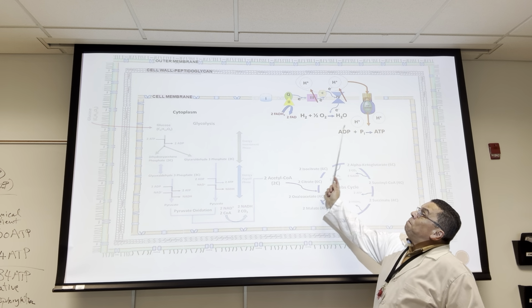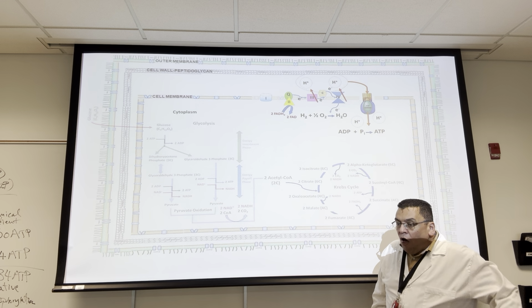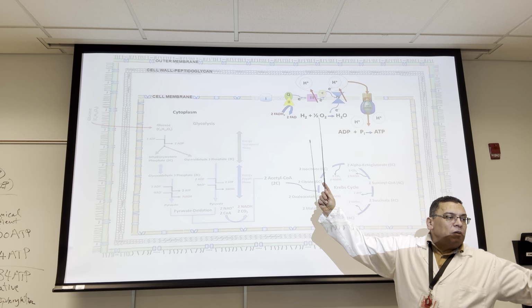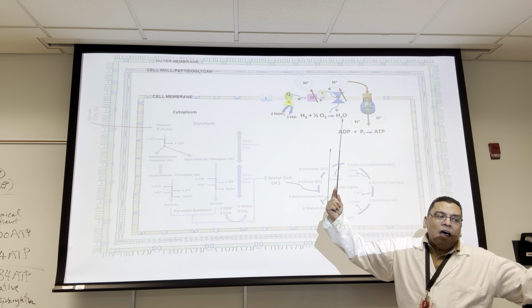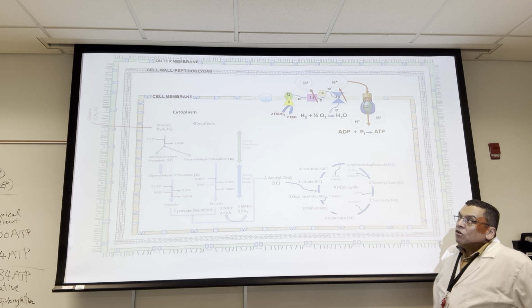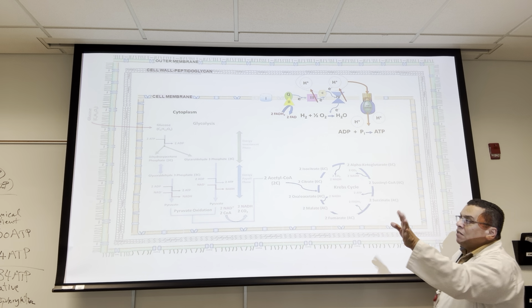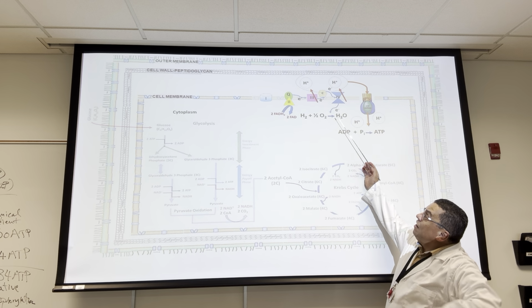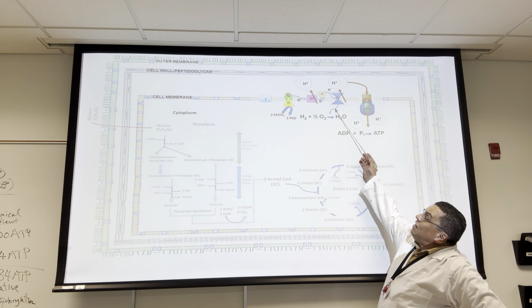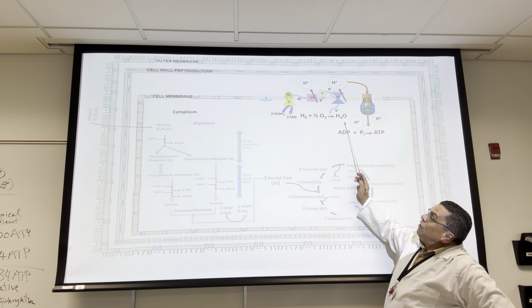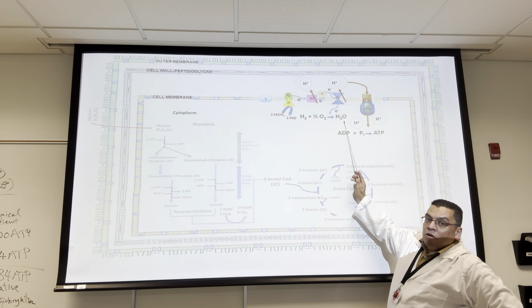Why? Because everything backs up. The whole system backs up. And the cell dies. You must give the electrons to oxygen to keep it moving. Otherwise, the whole thing shuts down. And when oxygen gets electrons and hydrogen, look what it becomes: water.